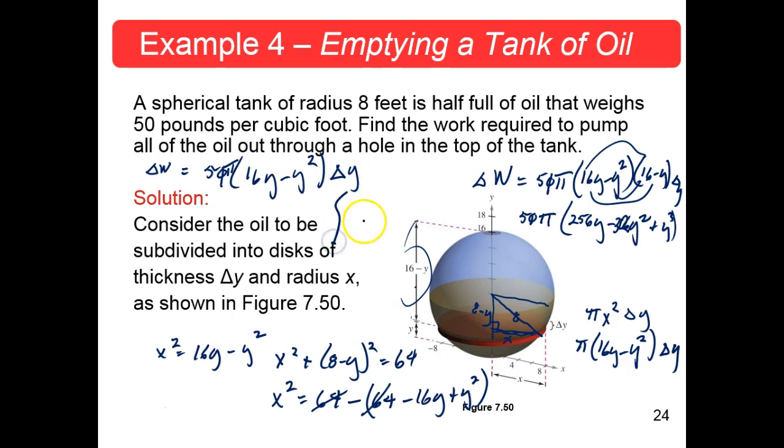So integrate that from 0 to 8. That gives you half a tank, 0 to 8. 50 pi put out front, no reason to drag that around in the integration. 256y minus 32y squared plus y cubed dy.